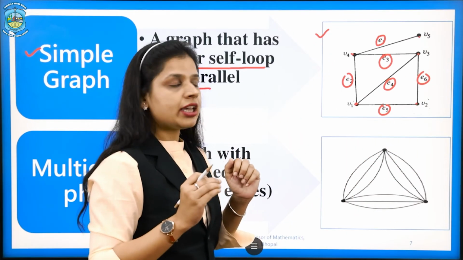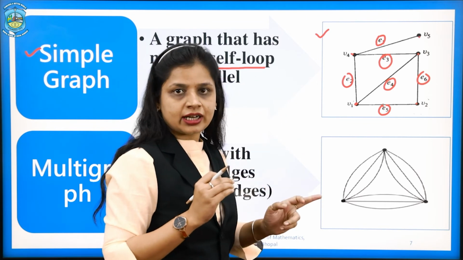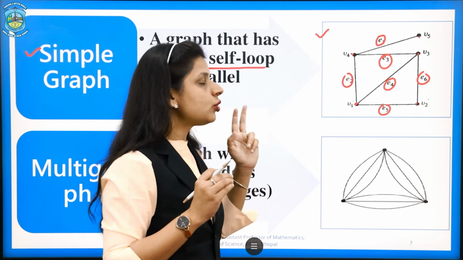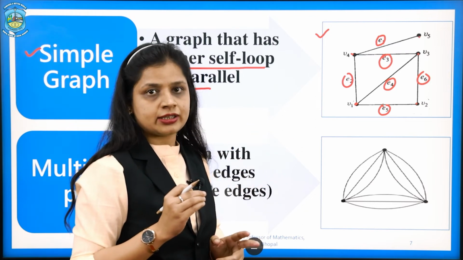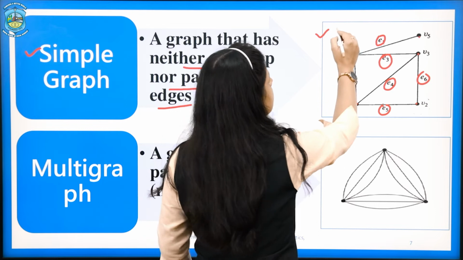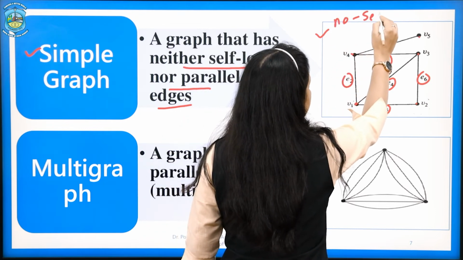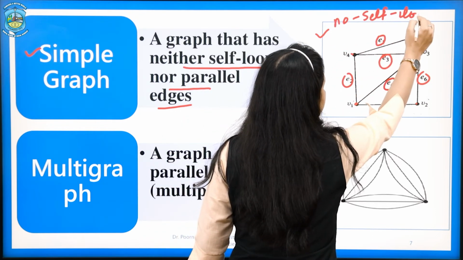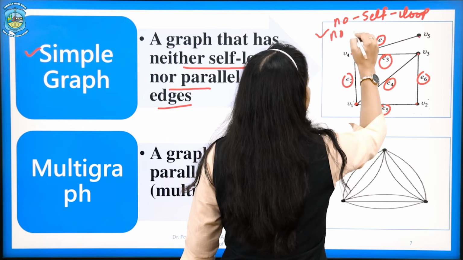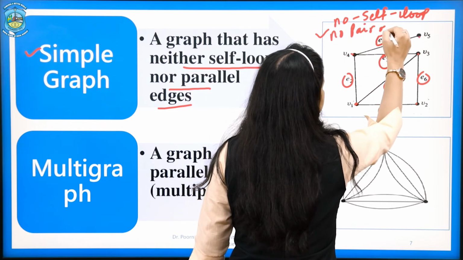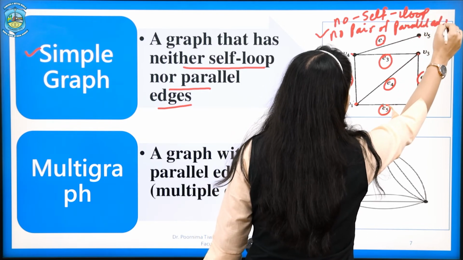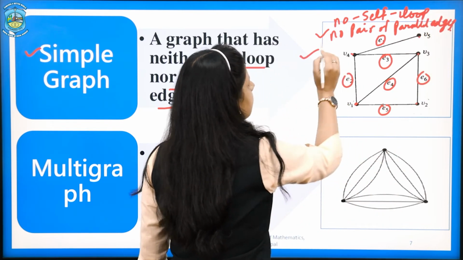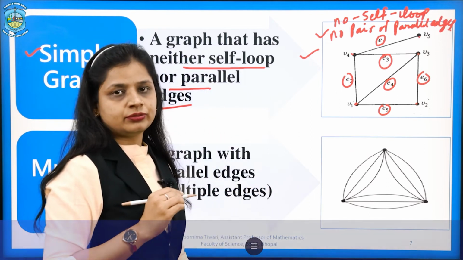There is no edge which has same end vertices and there are no two edges which are identified by same pair of vertices. That is, in this graph there is no self-loop and no pair of parallel edges. So, this is an example of simple graph.